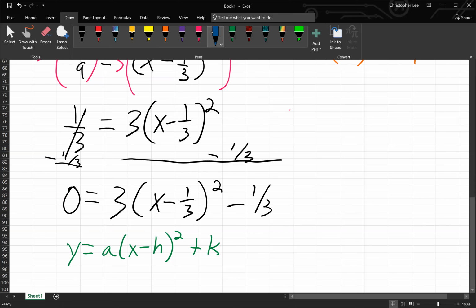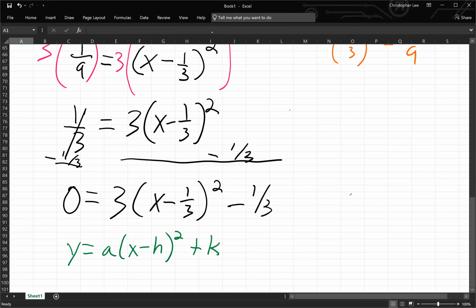Yeah, it's in WeBWorK though. They're going to give it to you. What's a? What's h? And what's k? Tell me. Good. And what's h? 1/3. And what's k? Oh, close though. Negative 1/3. That's it. It's the whole problem.